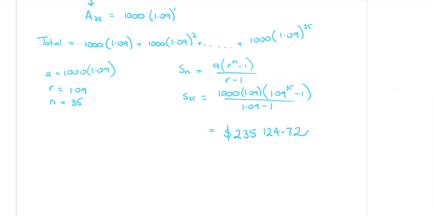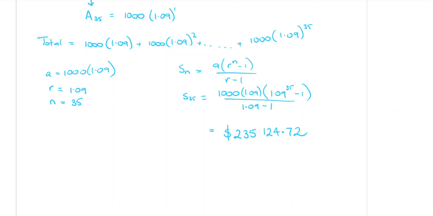Is that what you guys got? Yeah, so nearly $250,000. So that comes the lesson in financial planning of starting early and putting money in and investing it, and it can grow to something quite significant. But it just took 35 years to get there, but still. All right, that's the process.